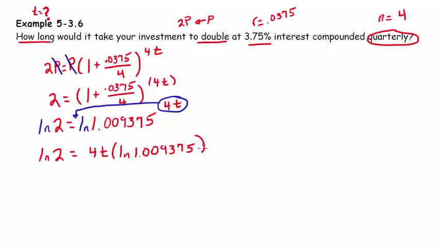Okay, now we're getting closer. To solve this, I want to divide both sides. Well, I want to keep t, right? So I want to get rid of the 4 and the natural log of 1.009375.